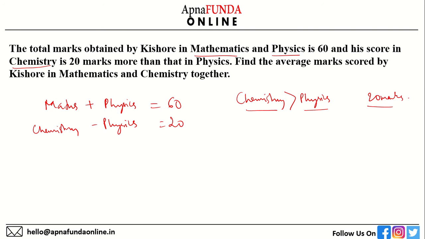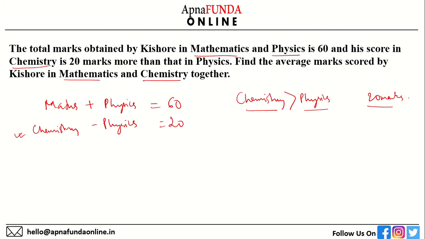So I can also write this as chemistry minus physics is equal to 20. For example, if chemistry is 100, physics will automatically be 80. Correct. Next part. Find the average marks scored by Kishore in maths and chemistry.